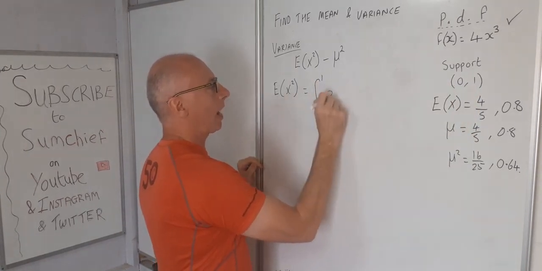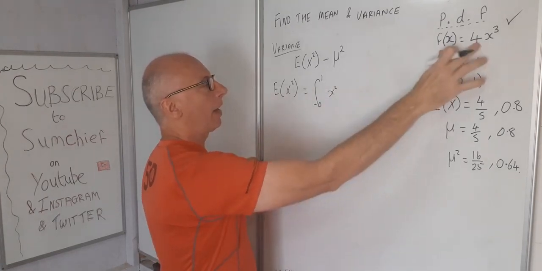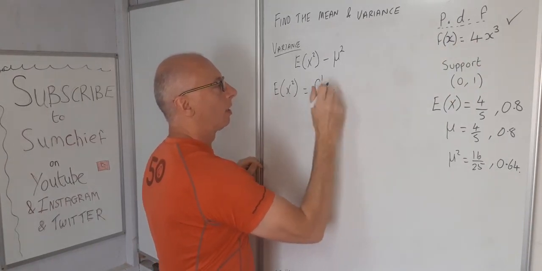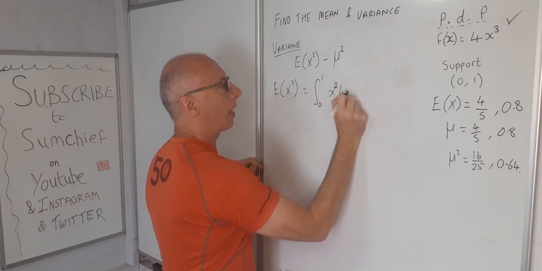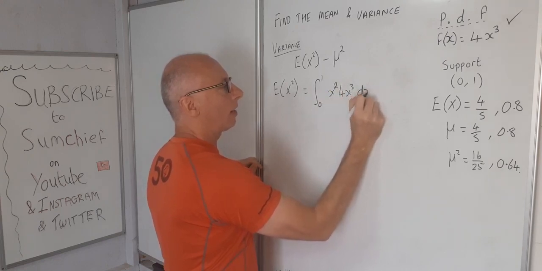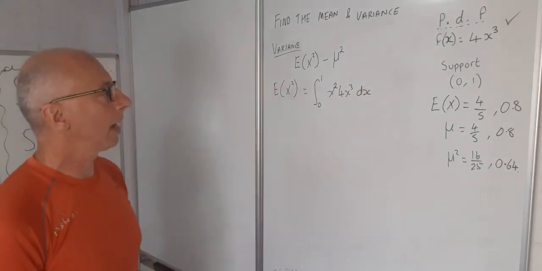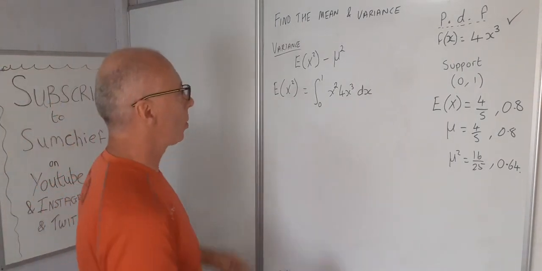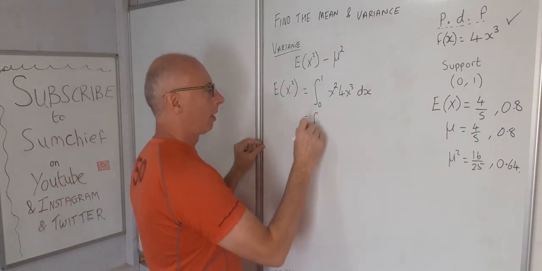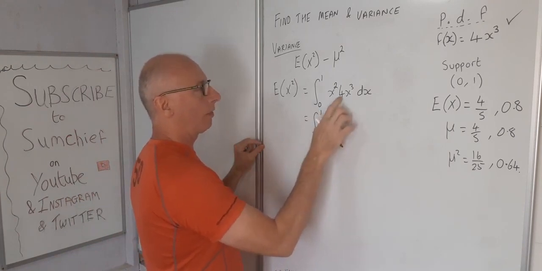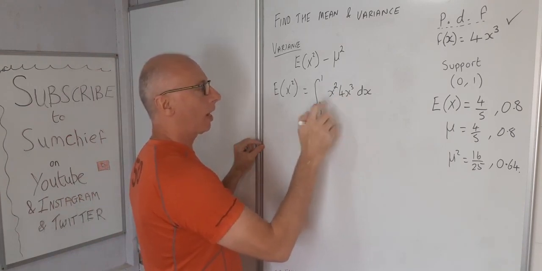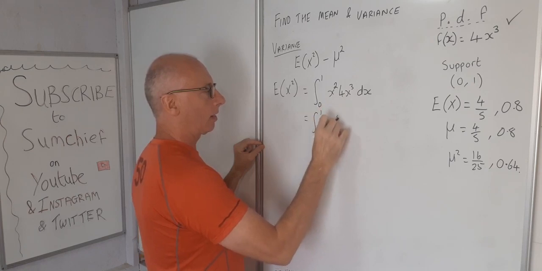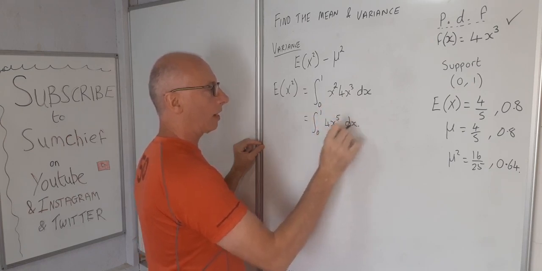This time we simply write X squared and the PDF, and then that's 4x cubed, and integrate with respect to x. First of all I'm going to clean this up a little bit. 0 to 1, and then 4x cubed times x squared, 4x to the 5, dx.